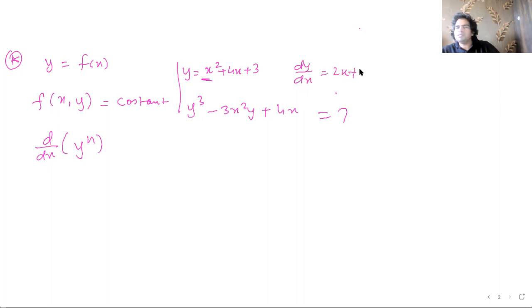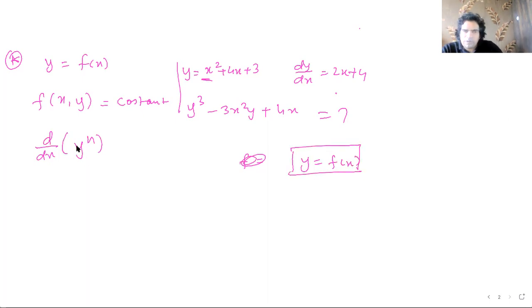So it was okay, 2x plus 4. But if you have a function which is in terms of y and you're differentiating with respect to x, a little bit of challenge that we get is, first thing, if I have y equals f(x), this is simple to differentiate.